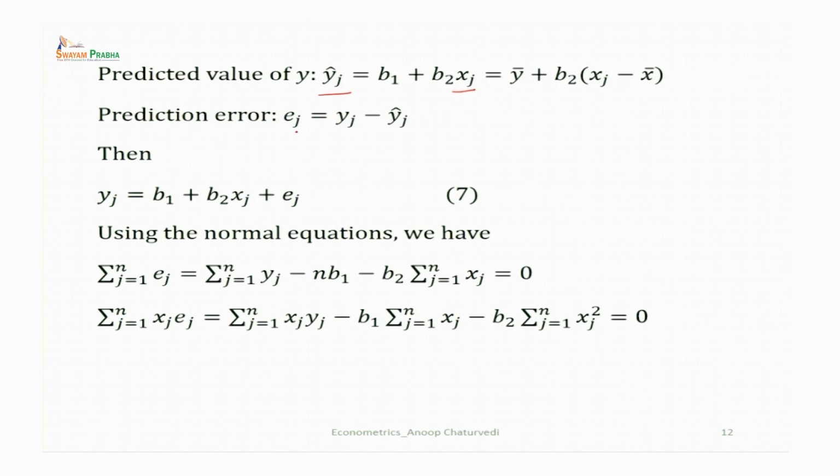Then your prediction error E j is y j minus y j hat, or you can write y j equal to y j hat plus E j.